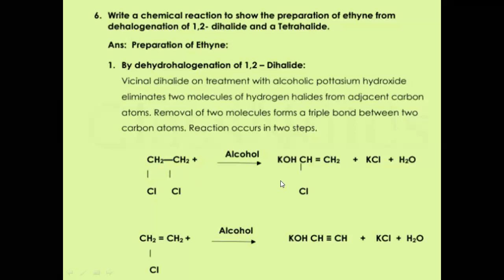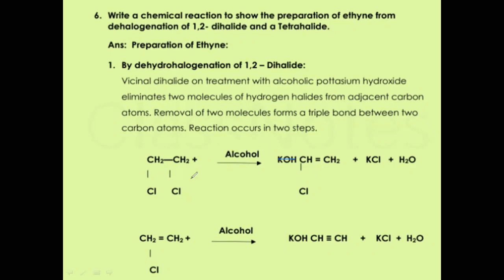1,2-dichloroethane, when it reacts with this alcoholic potassium hydroxide, will give us a product in which you can see only one halogen atom is now attached, because if you remember, I told you that this alcoholic potassium hydroxide will eliminate the chlorine atoms from these groups.